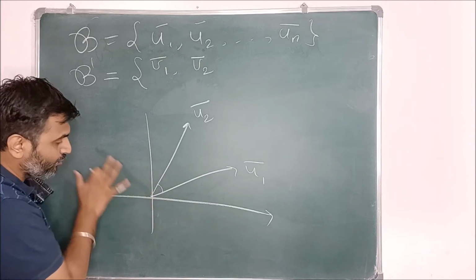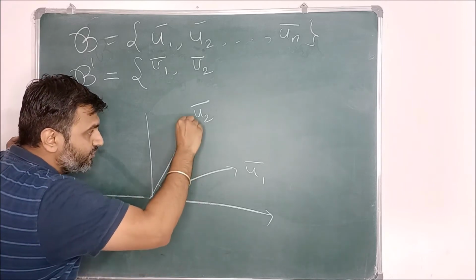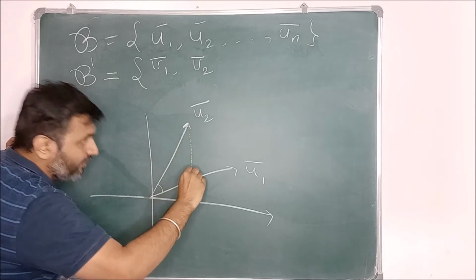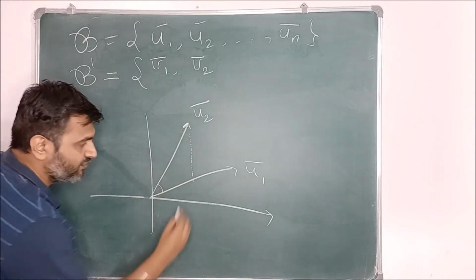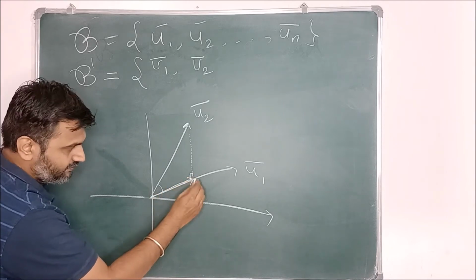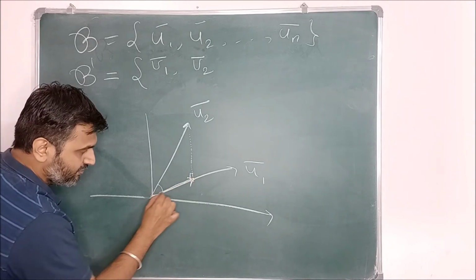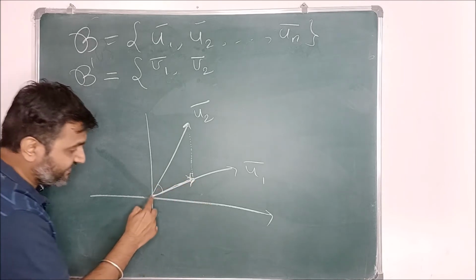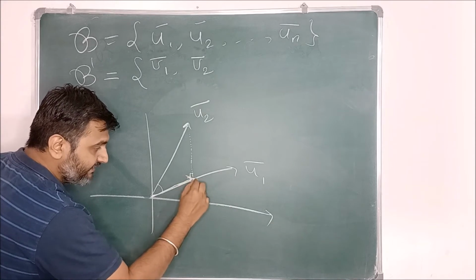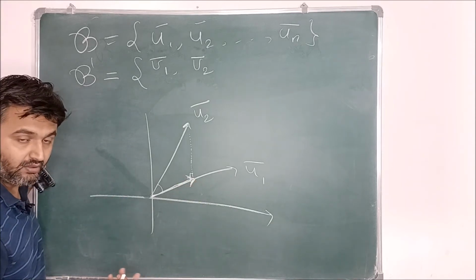So how to construct that? You drop this projection, you project this on u1. So this is my 90 degrees. Now this vector is lying on u1. That means this vector is a multiple of u1, right?